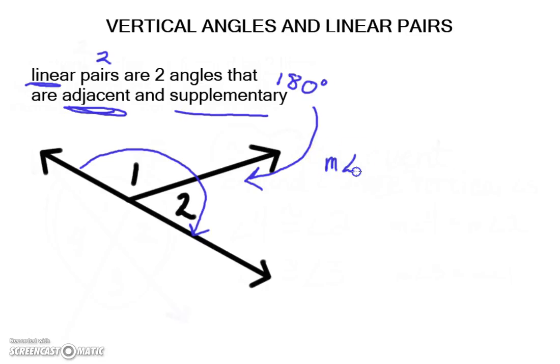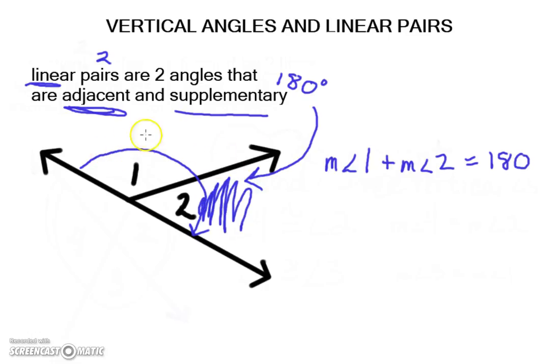So the measure of angle 1 plus the measure of angle 2 equals 180 degrees.